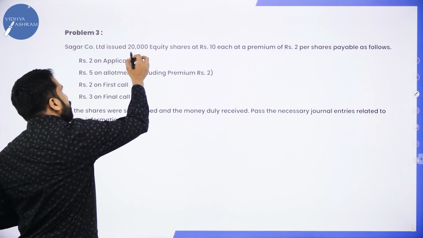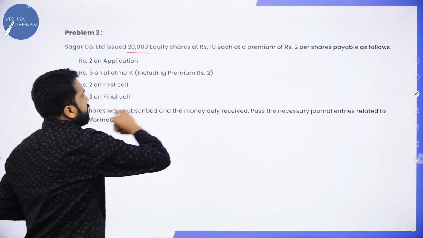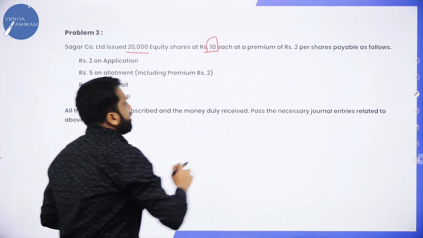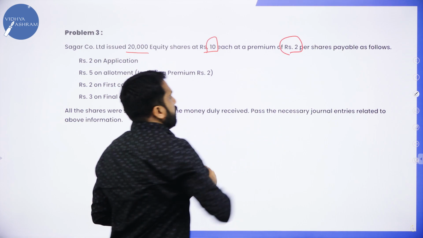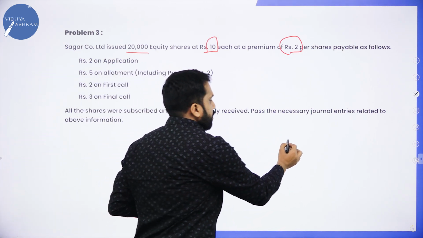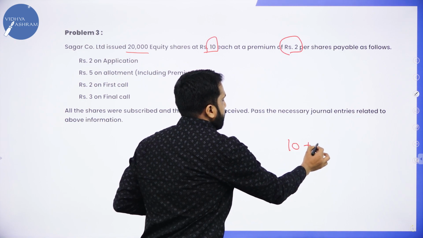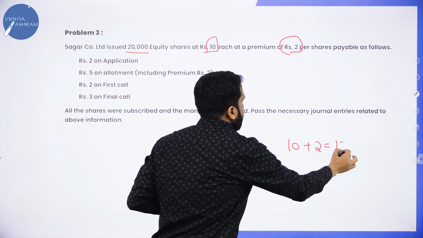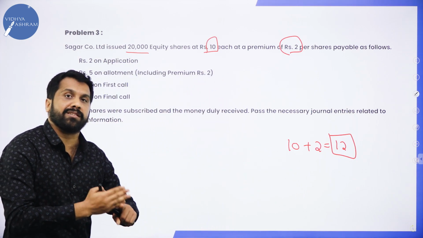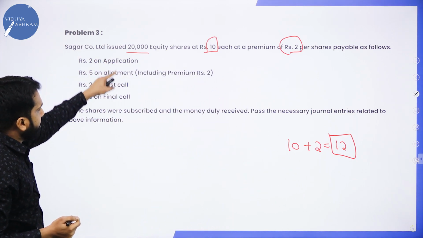Now, how many shares do we have? 20,000. Each share value how much? 10. What is the premium? 2. We'll do the same method. Actual value is 10, premium is 2, total is 12 rupee. How to match this 12? You have to add everything.